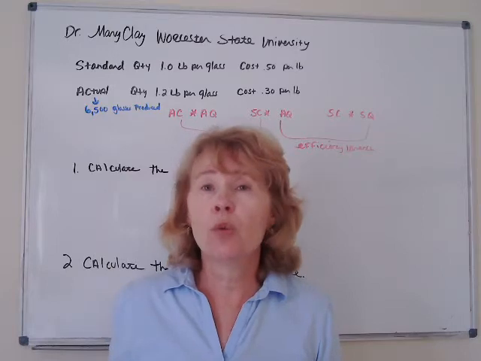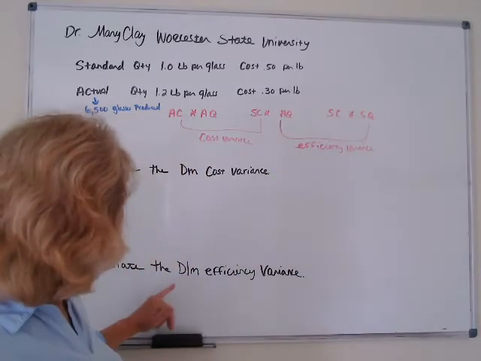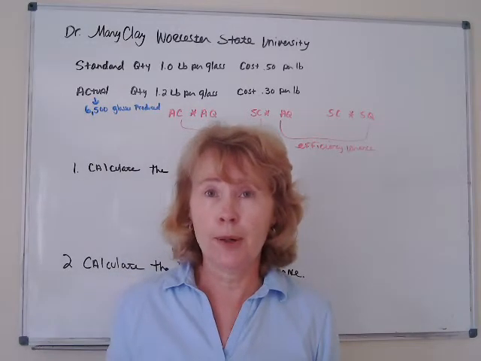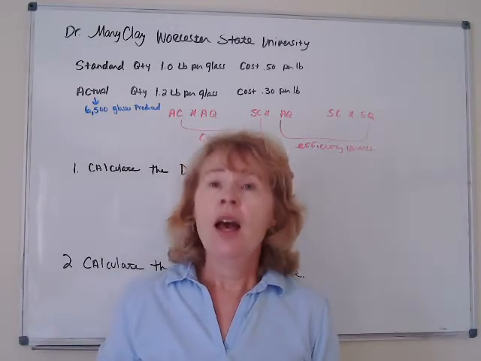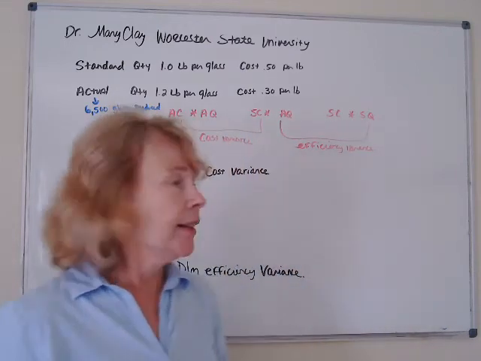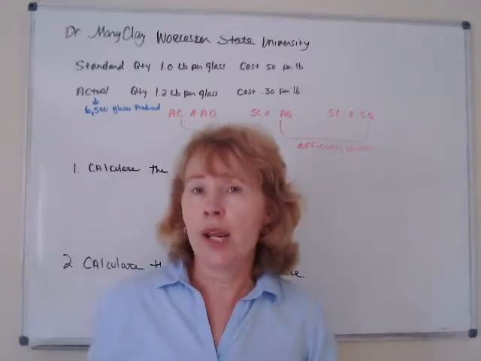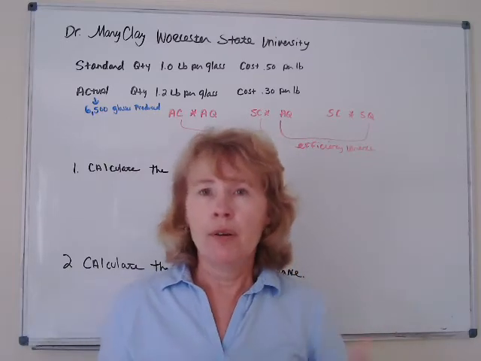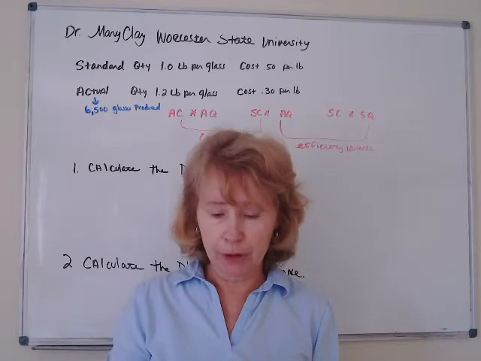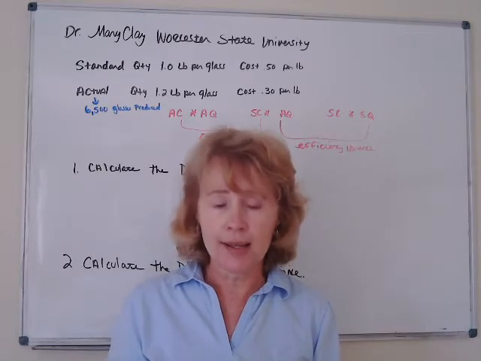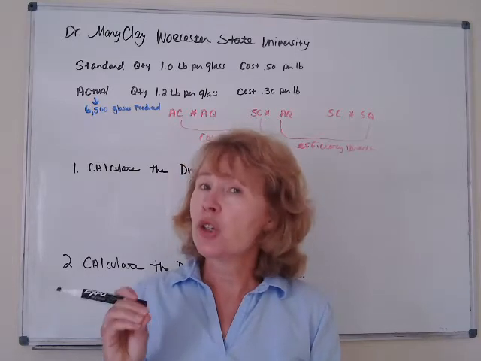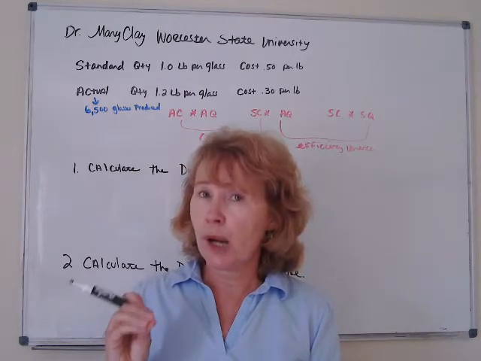Well, your equation will be different than calculate the direct materials efficiency variance. I'm going to break it down the same as the lab, but again, I like to write that equation just to keep the analysis separate. You don't have to do it. If you're able to do it the same way as the lab and the publisher, that's fine. Just make sure you're using the right equation.